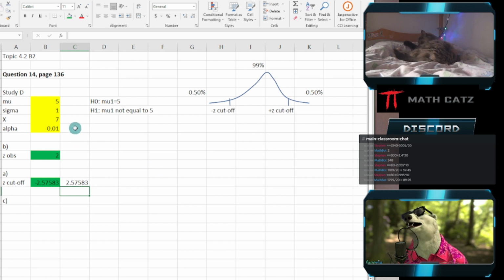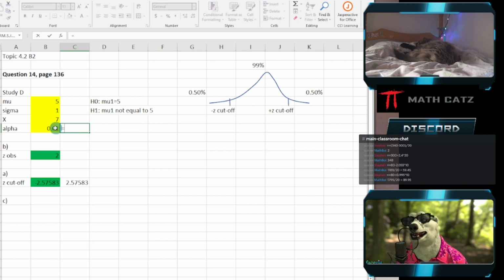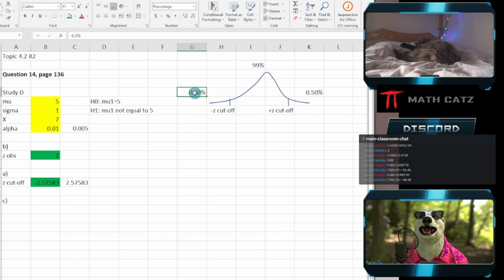Now you could have also, next to this alpha, done a cumulative decimal version of the percentage, and said here, well, it's two-tailed, so I'm going to divide that by 2, and that is the same as the percentage we have here, but the decimal version.